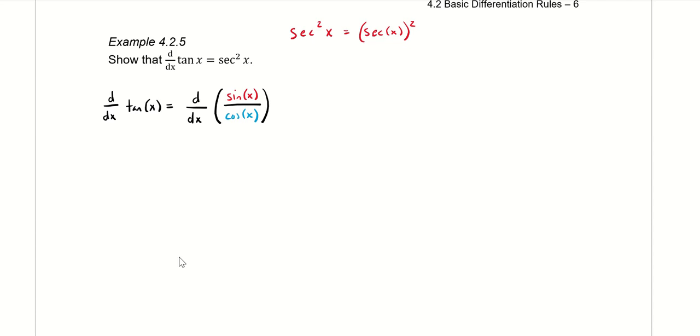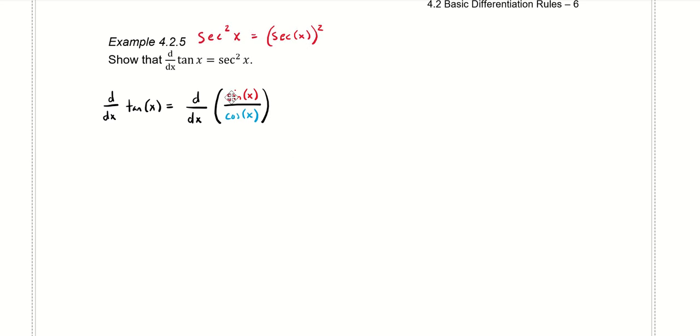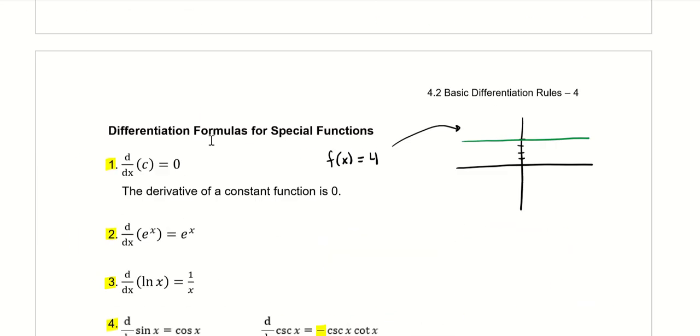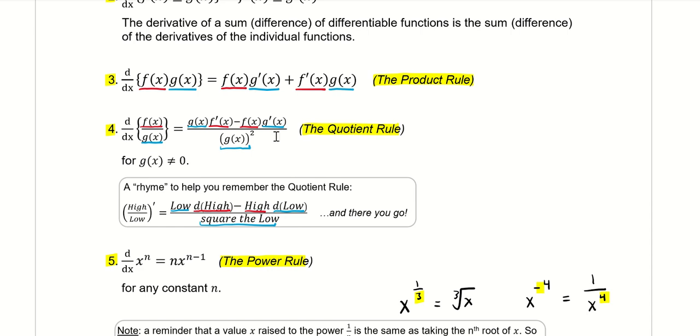And now what I have for my function is a ratio, right? A ratio of two functions. So what I can use, let me move this over here just because we're going to write something else up here, is my quotient rule, f of x over g of x. Sine of x over cosine of x, I'm going to use the quotient rule.